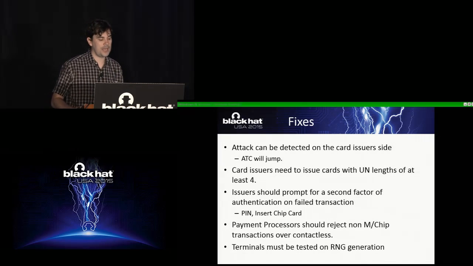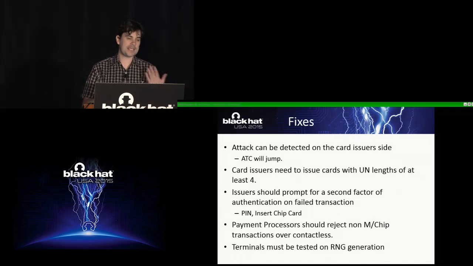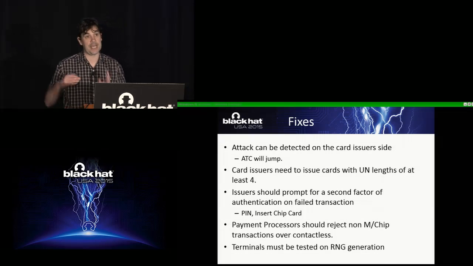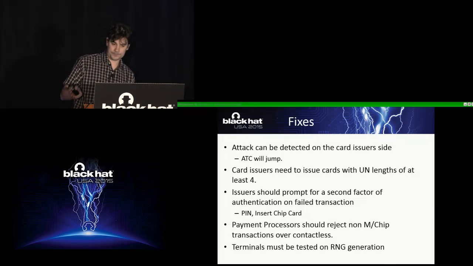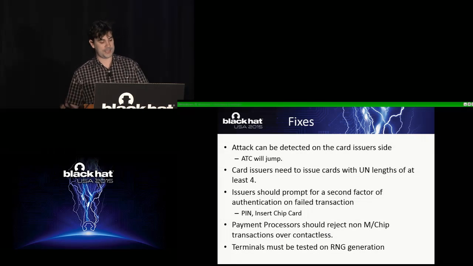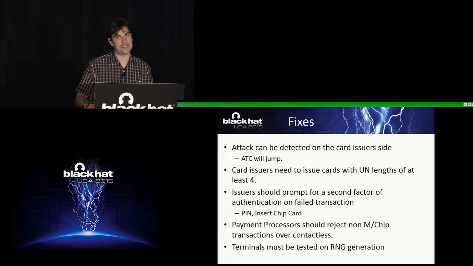So the fixes for these kind of attacks is that the ATC, the application transaction counter, will jump in the field. This means that you can detect it on the processing side. The issuer should prompt for a second factor of authentication if that jumps.